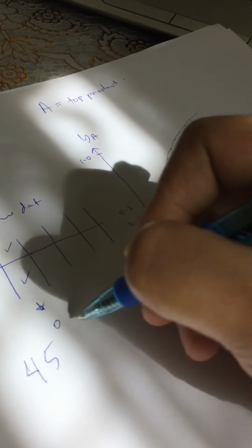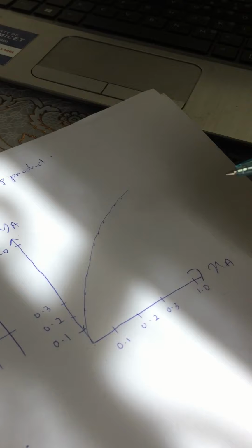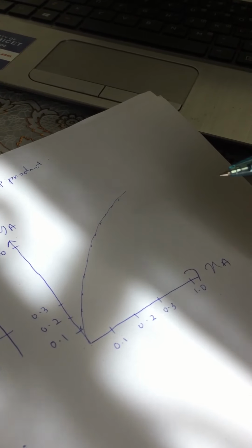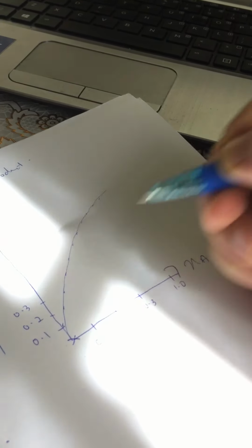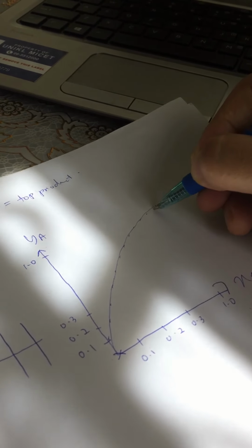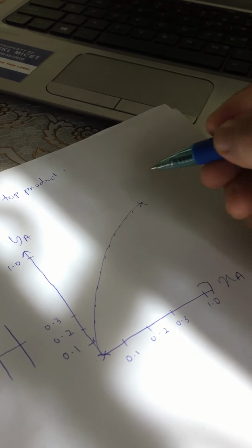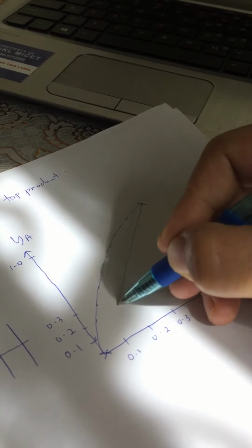Alright, and then the next step is to draw the 45-degree line. To develop the 45-degree line in your graph, you mark 0, 0 as one point and 1.0, 1.0 as another point, and use your long ruler to join these two points with a straight line.